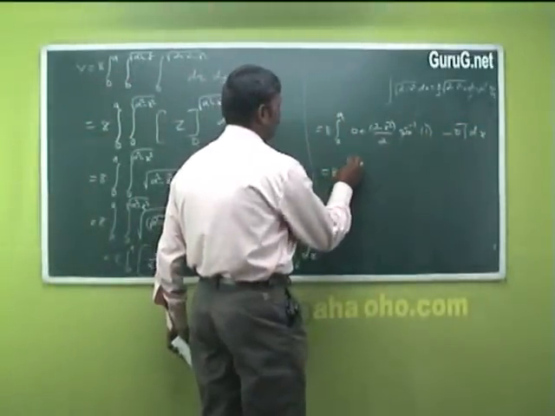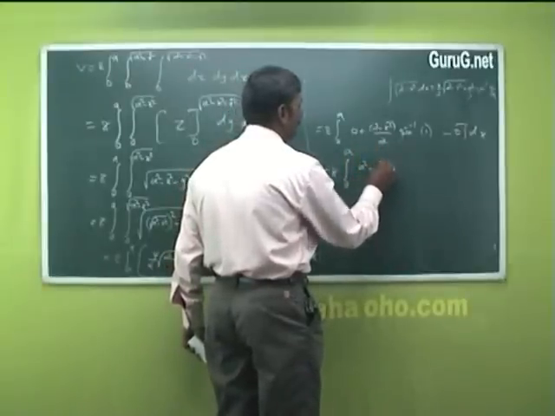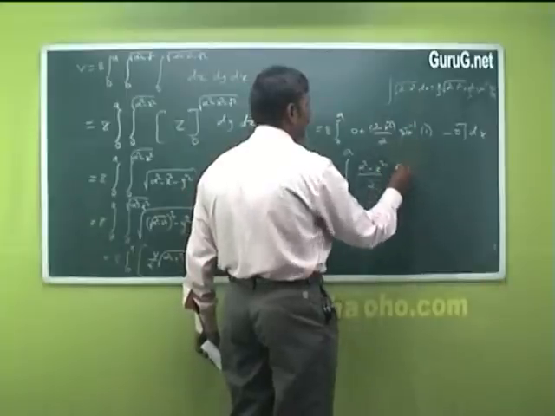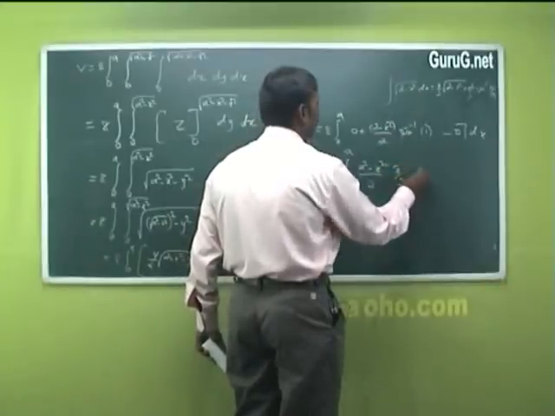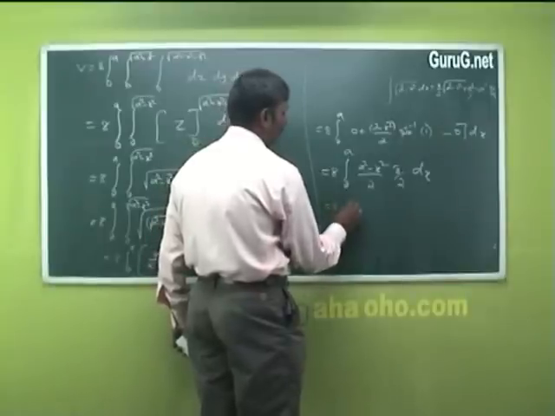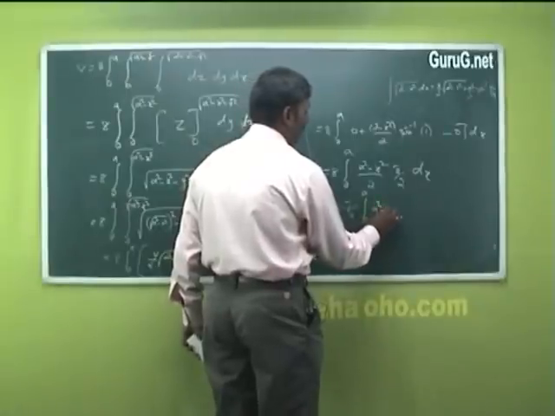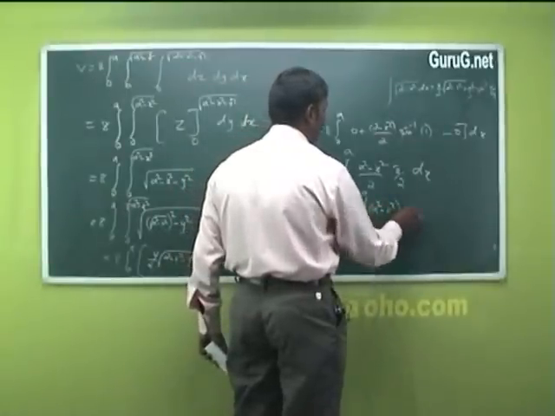So 8 times integral 0 to a of a square minus x square by 2 into sine inverse of 1, which is pi by 2. We take pi by 4 outside. So 0 to a, a square minus x square into dx.